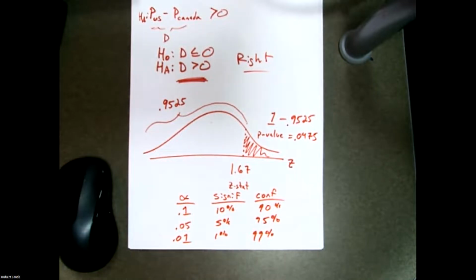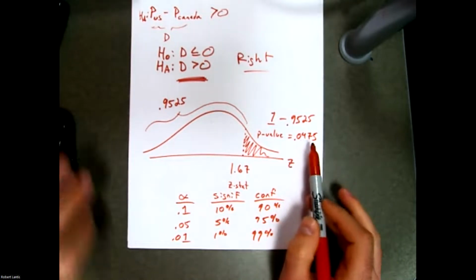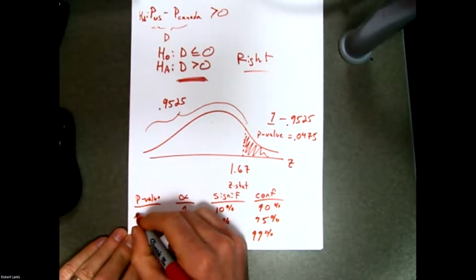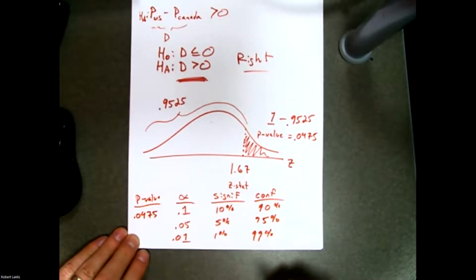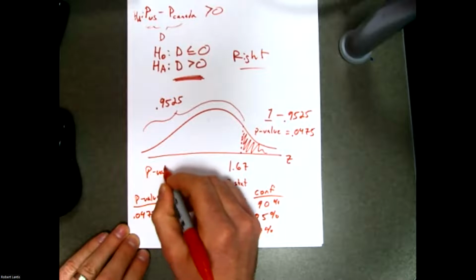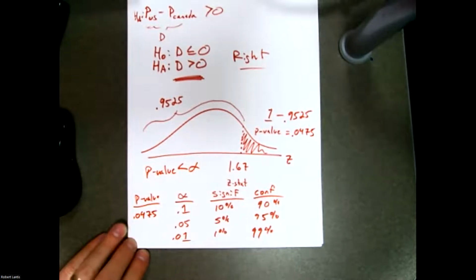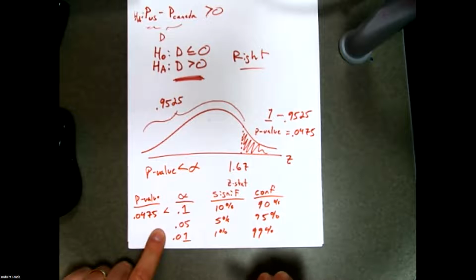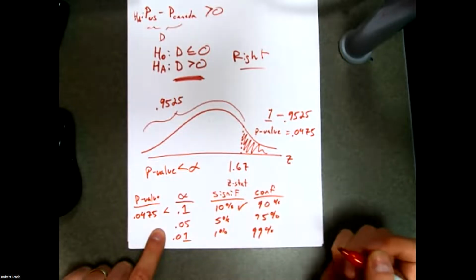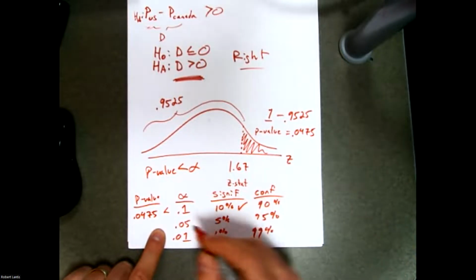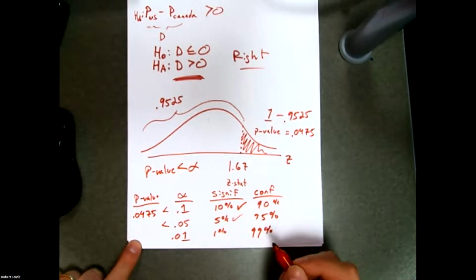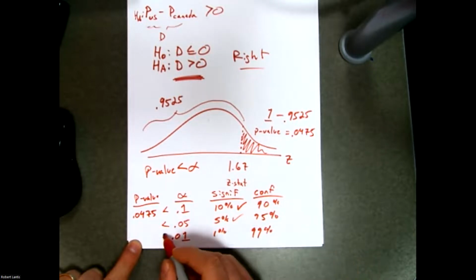Right? So with my p-value of 0.0475, remember, we're checking to see, is that p-value less than alpha? So is it less than 0.1? Yep, so I can reject at the 10% significance level. Is it less than 0.05? Yep, so I can reject at the 5% significance level.